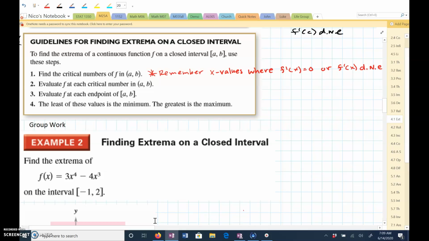Guidelines for finding extrema on a closed interval. To find the extrema of a continuous function f on a closed interval [a, b], use these steps.